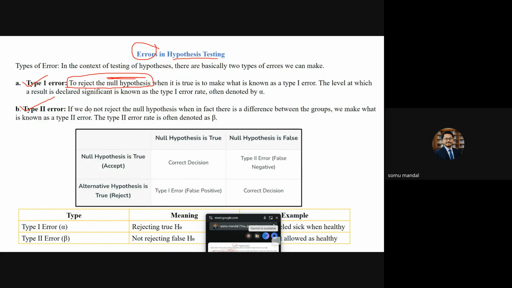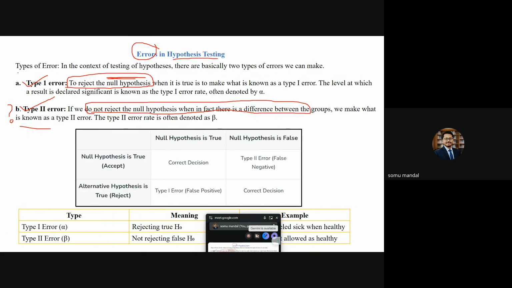When you do not reject the null hypothesis when the fact is false, false means the null hypothesis is actually not correct, but you accept it. When you accept the wrong thing, the false thing, this is the type 2 error, and in statistical research, type 2 error is dangerous.